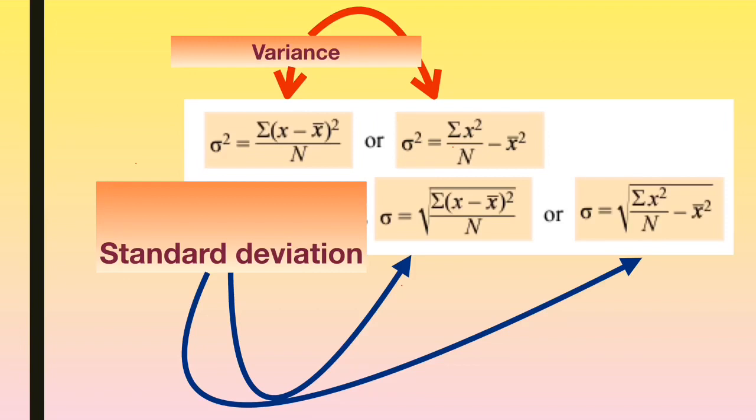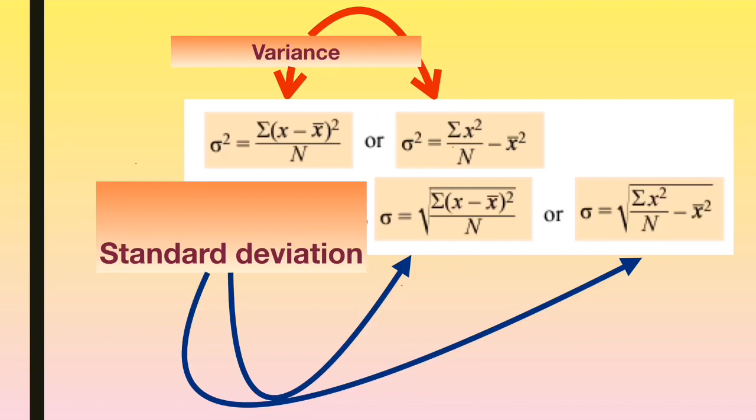Okay, you must know how to read. It is equal to summation bracket x, which is your data, minus x with the line, called mean, square, over n, where n is the number of data.